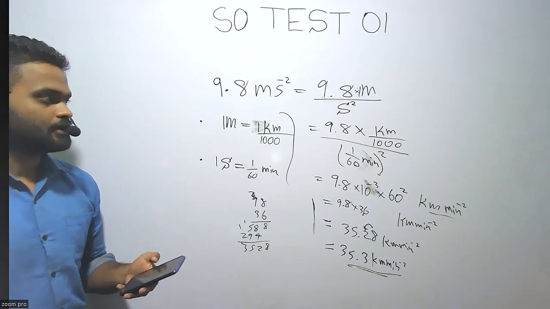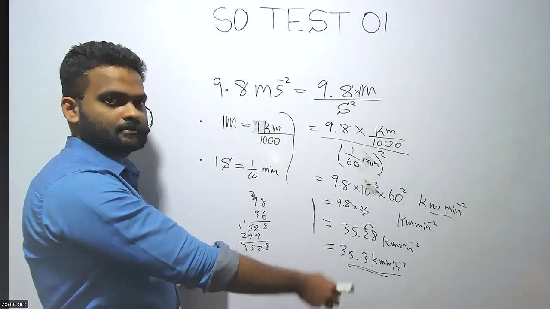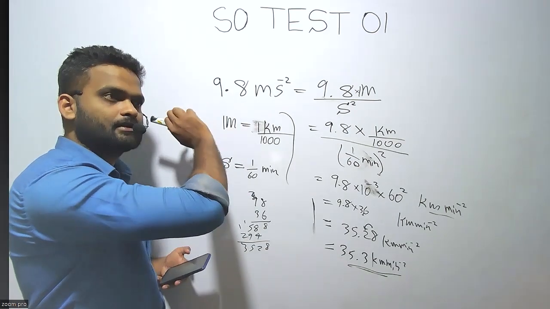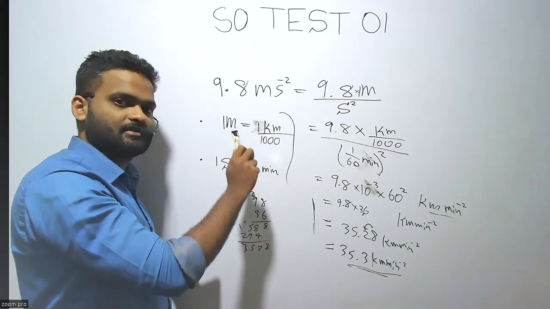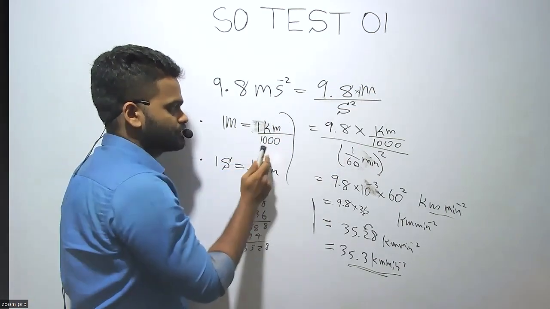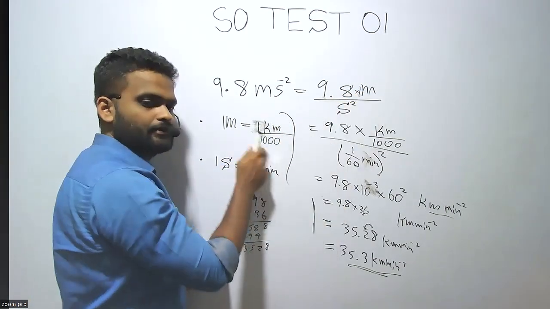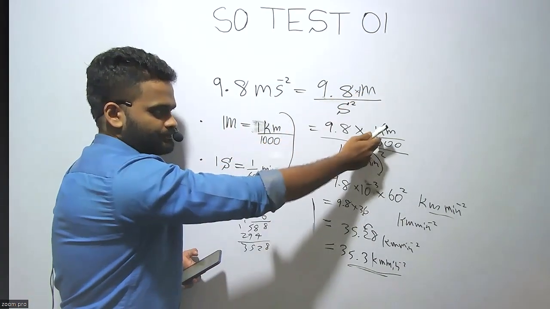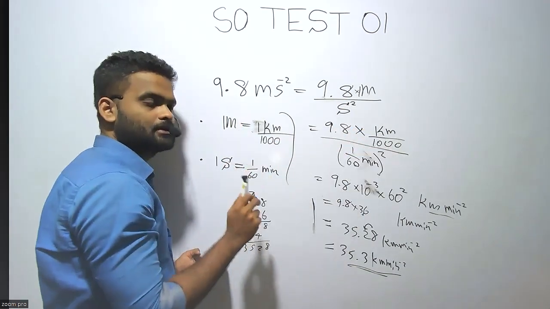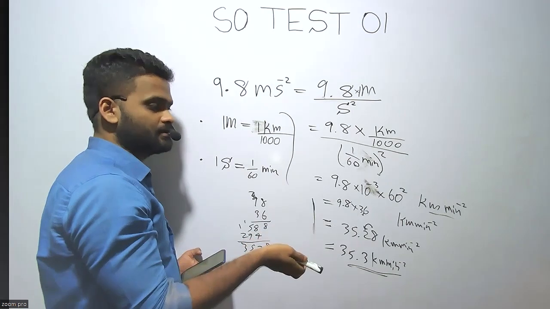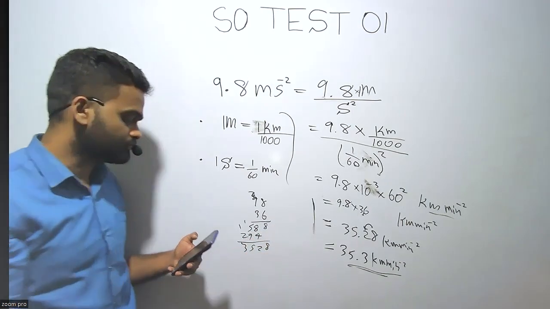Okay, so if you practice this method, you can convert any unit. See there? There's just a substitution of the unit you need. Instead of meter, I just put kilometer divided by 1000. Just substitute with the units. That's all you have to do.